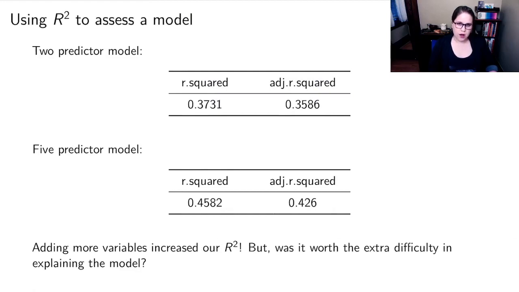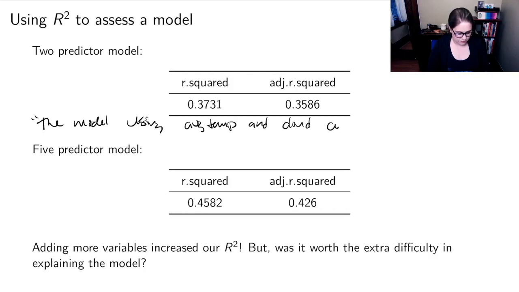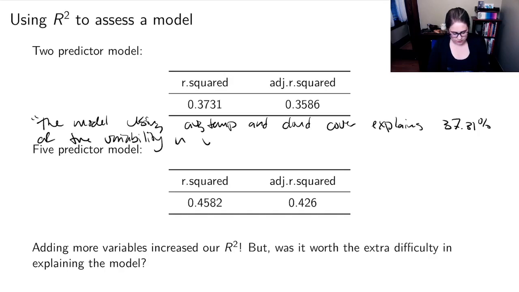The other thing to know about comparing models of different sizes is that we might want to use R squared to assess a model. So remember, R squared tells us what percent of the variability in the response is explained by the model. So for my 2-predictor model, the model using average temperature and cloud cover explains 37.31% of the variability in volume.